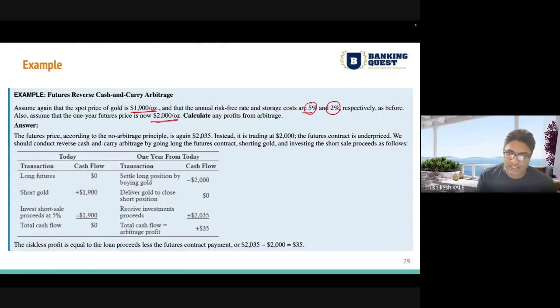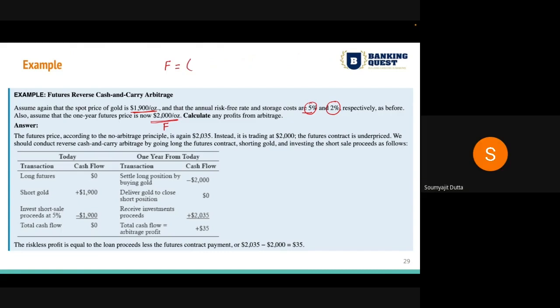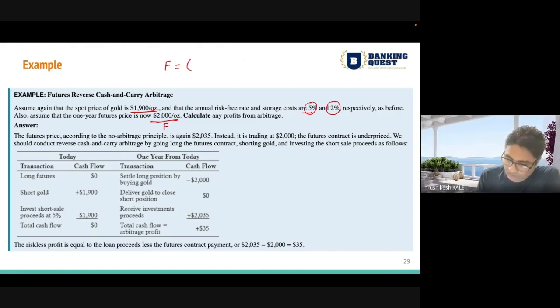Again, let's calculate it. The future price they have given is 2000. The future price which we have calculated, if you remember, what is that formula?